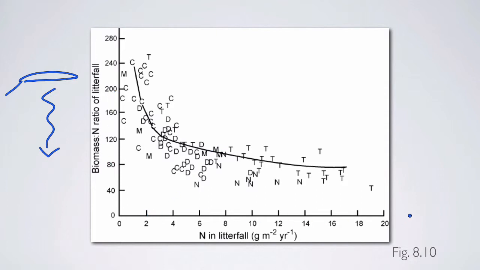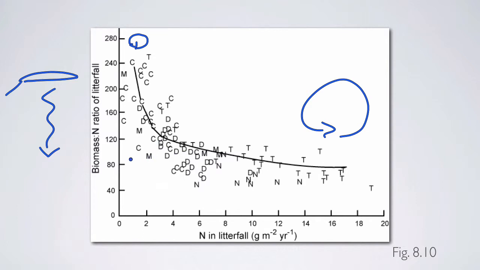On the x-axis, we have the amount of nitrogen in litter fall, and this is primarily considered to be a gradient of nitrogen supply. So ecosystems that have a lot of nitrogen in them are going to have a lot of nitrogen in litter fall because a lot of nitrogen is cycling, and ecosystems that don't have a lot of nitrogen in them and nitrogen is most limiting are considered to be less productive, and there's not a lot of nitrogen in litter fall.